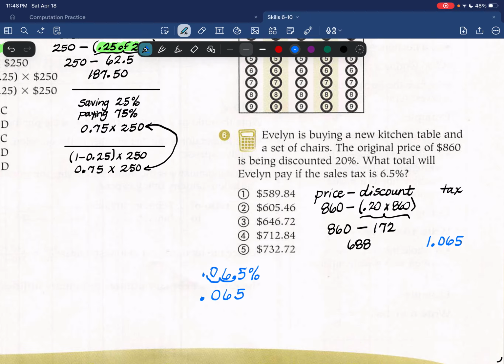And since I'm using that dollar in there, I will multiply. 688 times 1.065. 688 times, I've already messed up, I lost my decimal. 688 times 1.065 is 732.72. So I like option 5 as that answer.